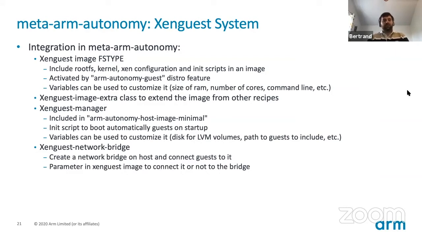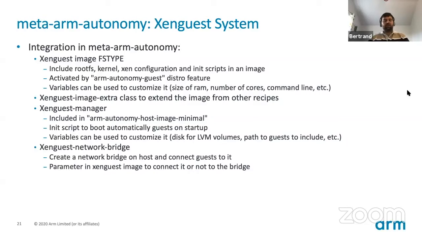So the Xen guest system is integrated in Yocto with several components. The first one is a file system type, which is used to create a full Xen guest image when you build a Yocto image. So that includes the root file system and the kernel, but also the Xen configuration. We provide a class named xenguest-image-extra that can be used in recipes to extend this image. That's, for example, providing an init script so that you can customize your guest when you start it.